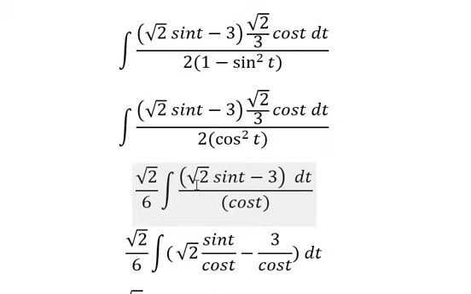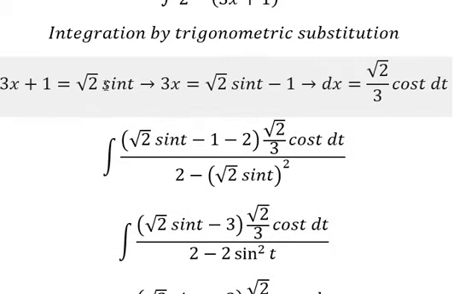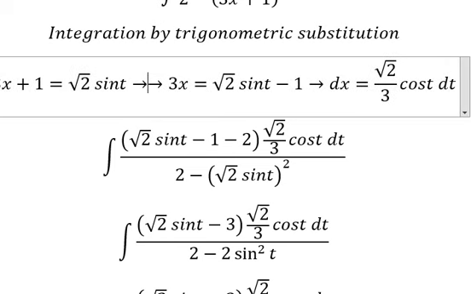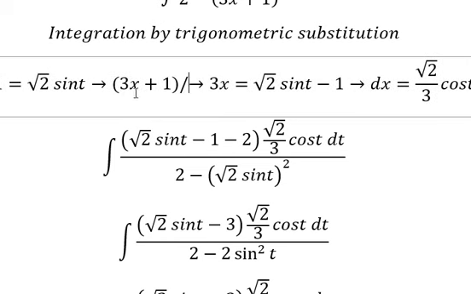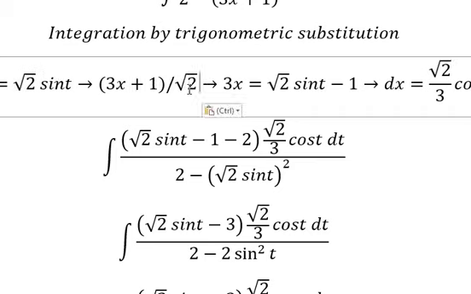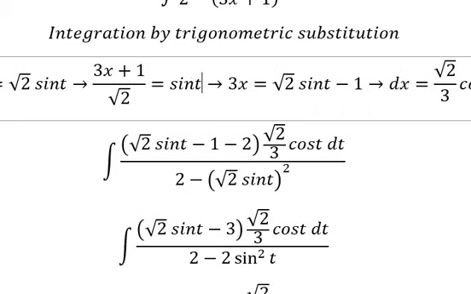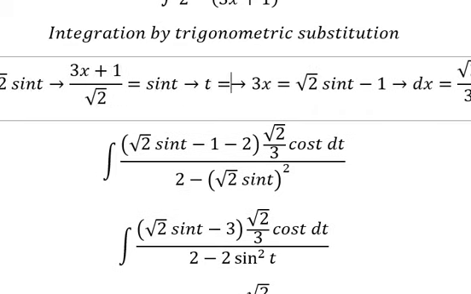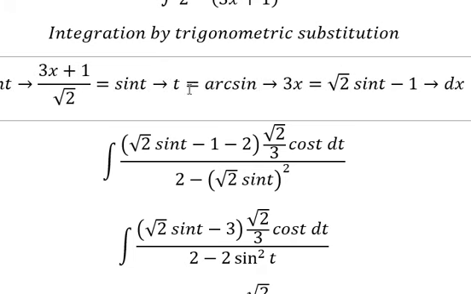About t, that is about this one. So we divide both sides by the square root of number 2. And we have t equal to arcsine of this one.